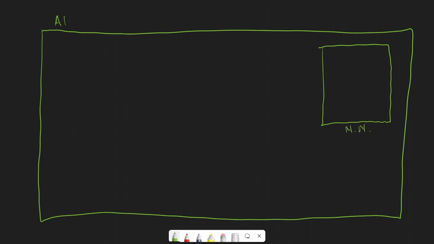Inside the neural network box, we have an even smaller box that is large language models. This is the engine of modern chatbots. Okay. Now, I think that this picture already gives you a hint of what I'm going to talk about today.